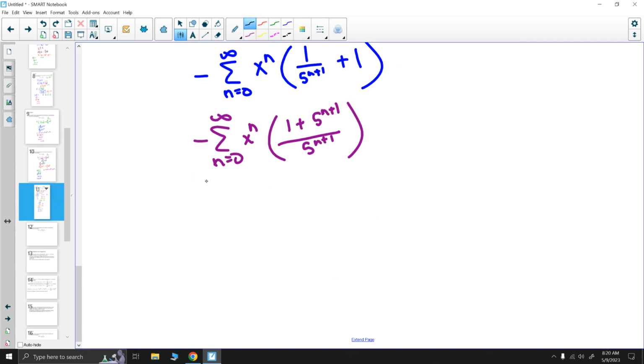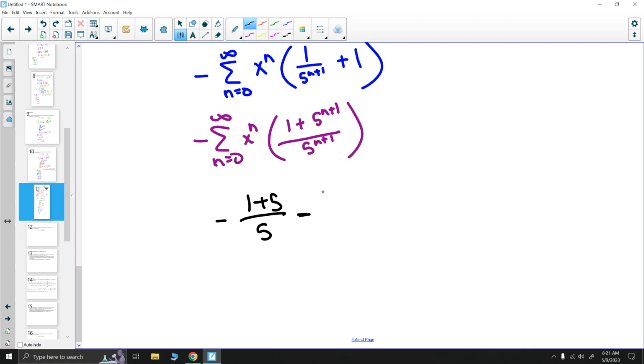So that is to say, well, what's our first term? When n is 0, that'd be a 5 and a 1, so it'd be like 1 plus 5 over 5. I know it's 6 over 5, and then it's a negative of it. So then we have minus, but I'm going to leave it like here because you'll see it's just going to be an easier form.